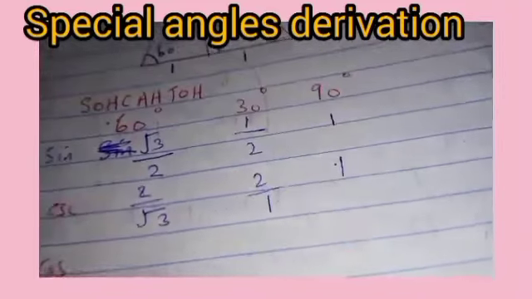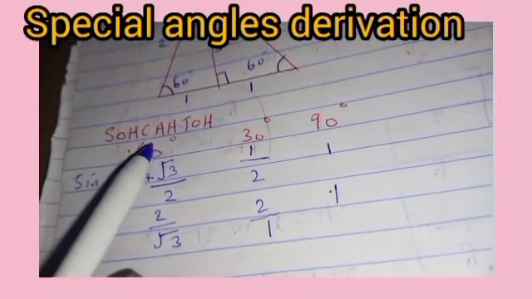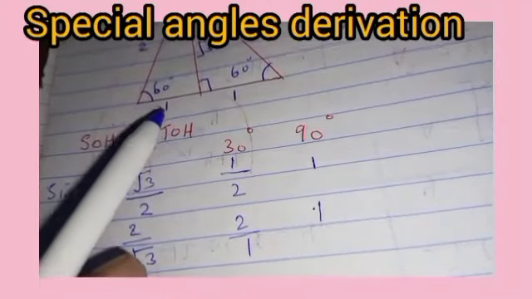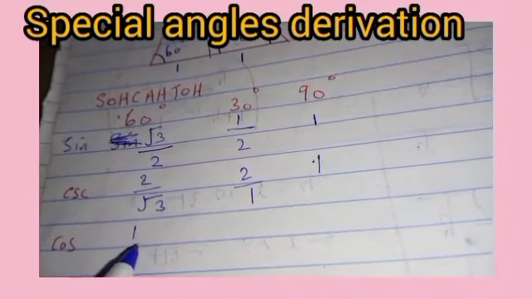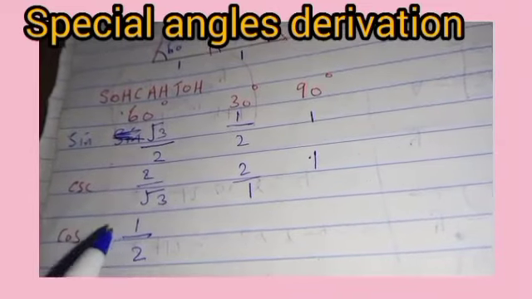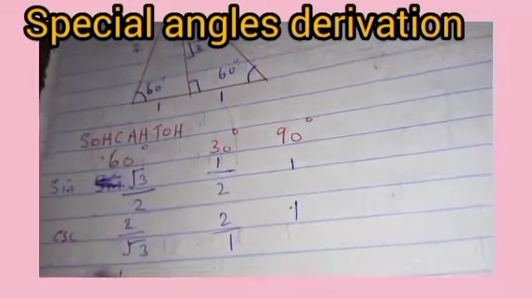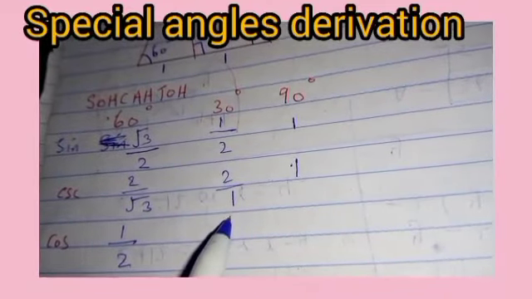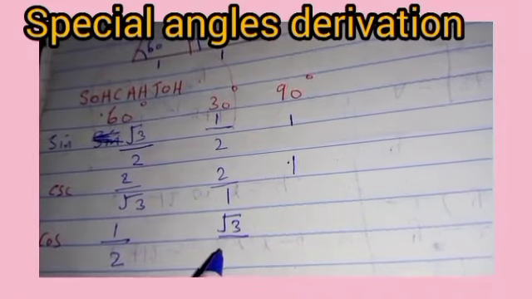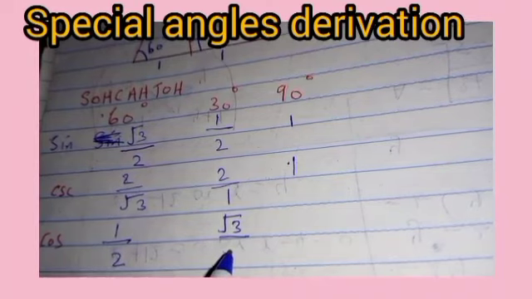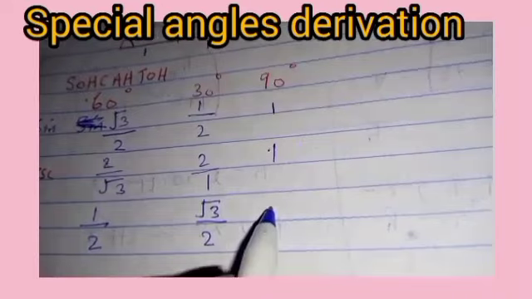Next we go to cos. Now cos is given by adjacent over hypotenuse. So we start with that of 60. Adjacent is 1, so cos of 60 degrees is 1 over 2. Cos of 30, adjacent is root 3, so root 3 divided by 2, and the cos of 90 is 0.